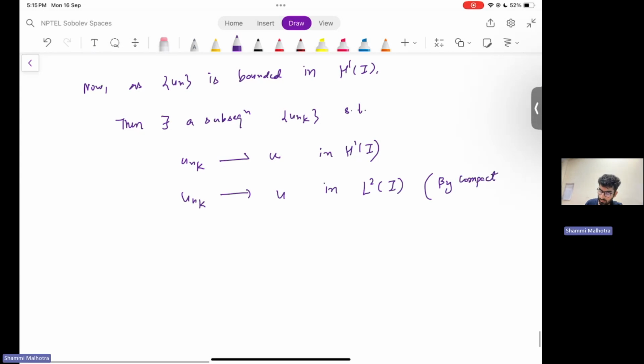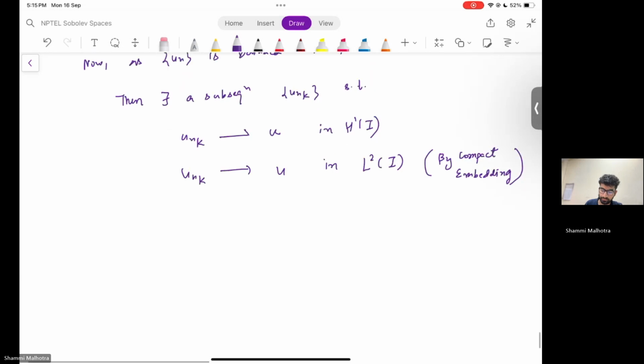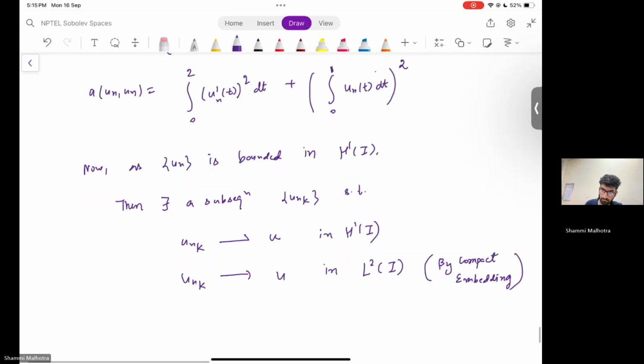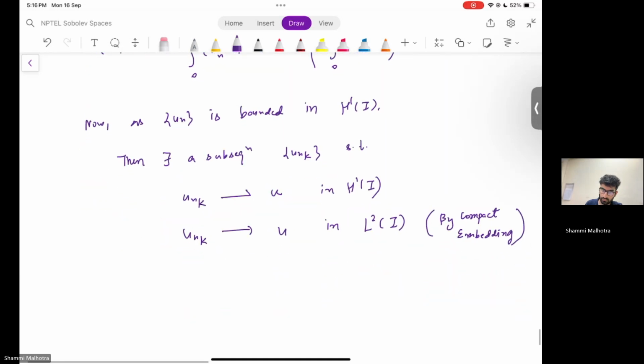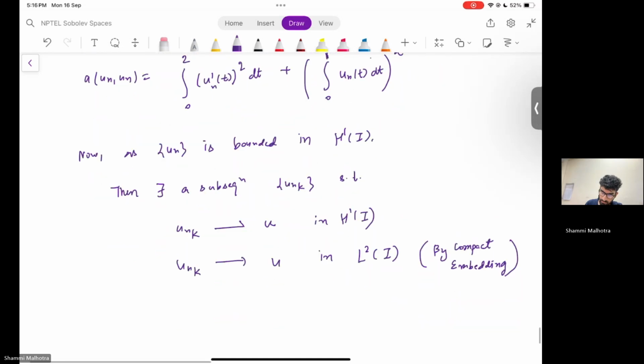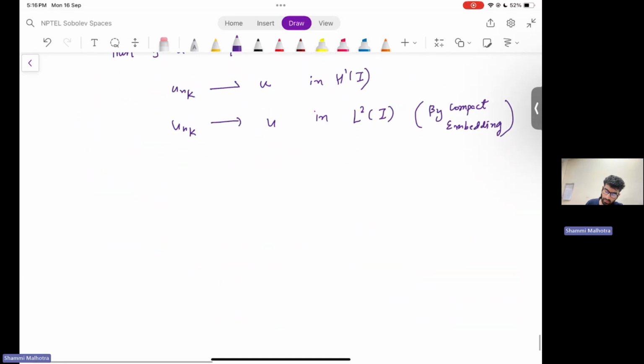So this we saw in earlier lectures. So since this converges strongly in L2, and since I, which is 0 to 2, has a measure to be finite, what this implies? This implies that u_nk converges strongly to u in L1 of I as well.